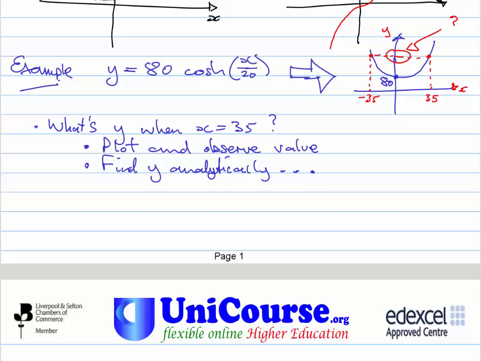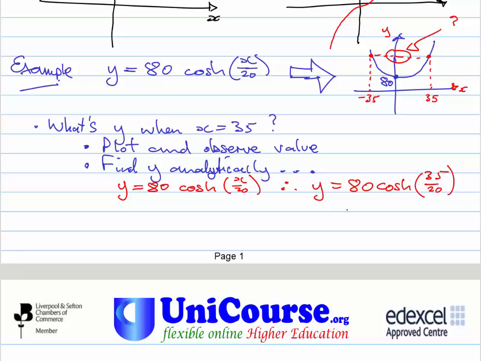Let me change color to make it more readable for you. We've got y equals 80 cosh x over 20. Why don't we just put in values? Okay, so you're going to have y equals 80 cosh of 35 over 20. 35 over 20 is 1.75.